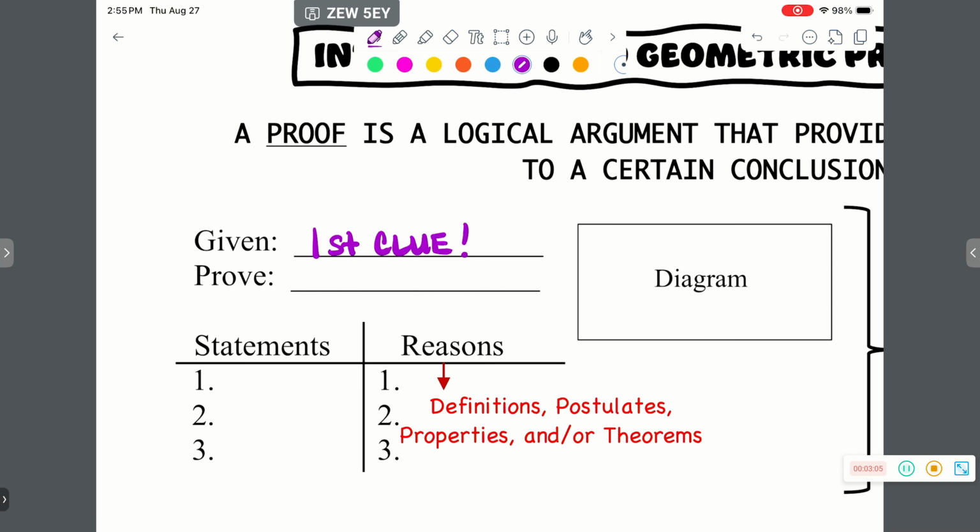Then once you have your given, then you have your prove statement. This is the goal. You're not done with the problem until you prove what the prove statement is telling you to prove. Okay? So you get a starting clue, and then you have to figure out how you deductively reason your way to the proof. Okay? Little puzzles. Yay! So excited.